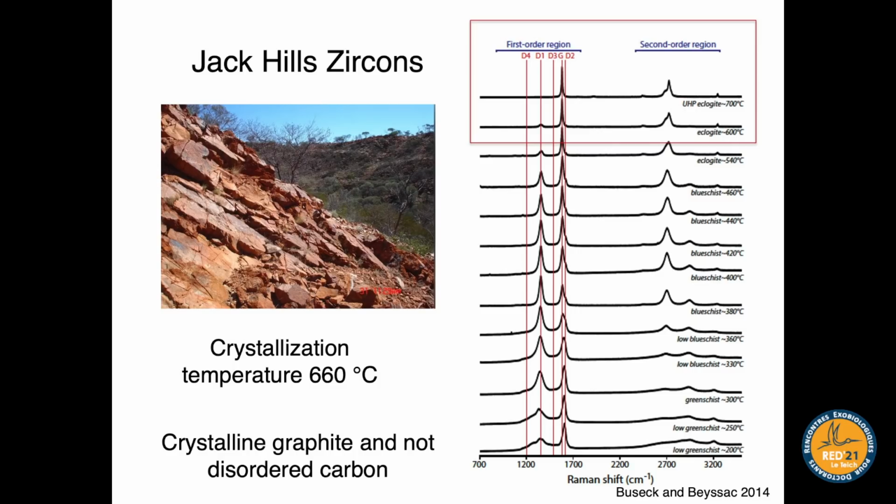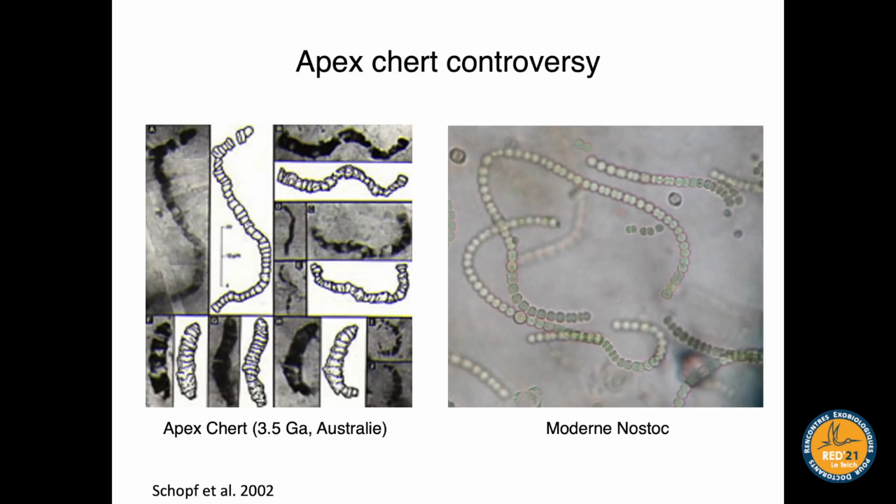What they found in this study is something more disordered. So this carbon does not look syngenetic, formed and included during the zircon's history. But it's still a controversy.